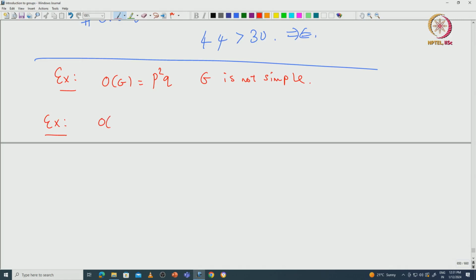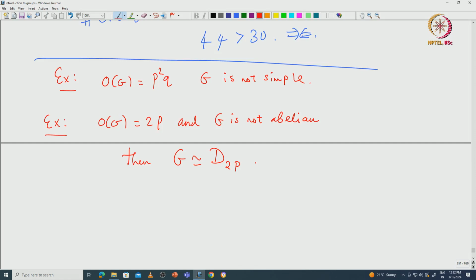Suppose you have a group of order 2p and G is not abelian. Then one can prove that this G must be isomorphic to the dihedral group D2p. Again, this can be done in two different ways: either use Cauchy's theorem, or directly use Sylow's theorem and prove the existence of subgroups of order 2 and order p, and then the order p subgroup must be normal.